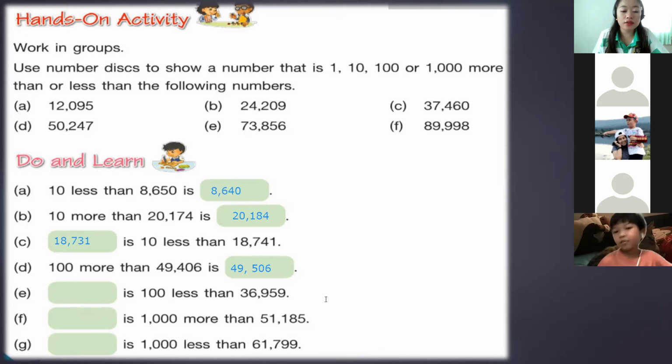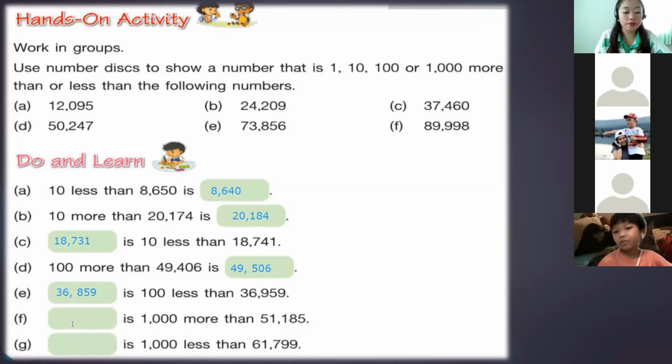So 36,959 minus 100 is equal to 36,859. Okay, so that is letter E. 36,859 is 100 less than 36,959. Okay, so let's proceed to letter F.